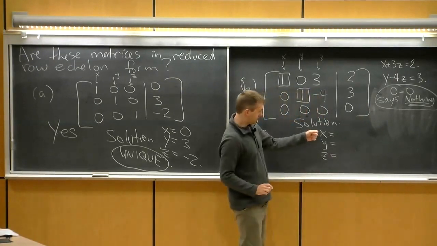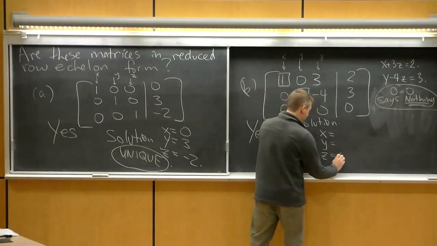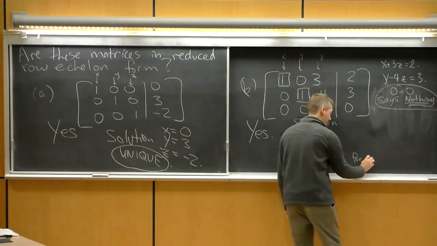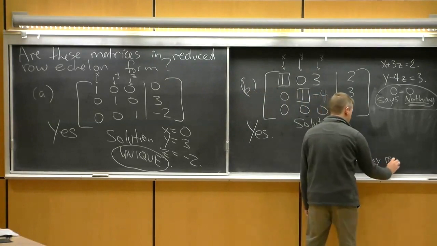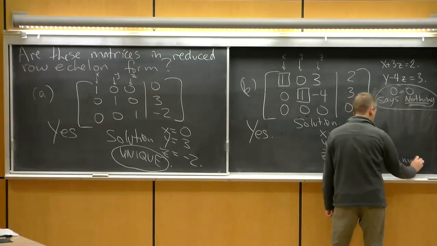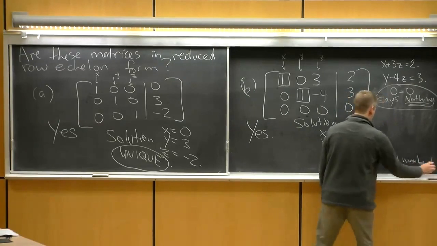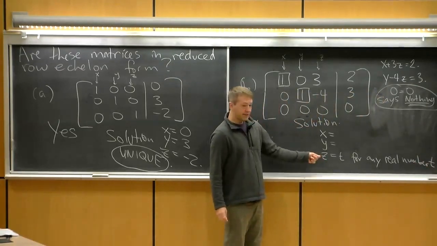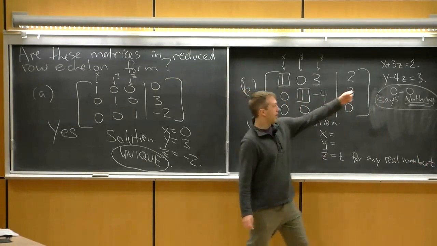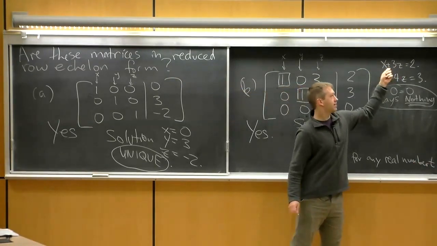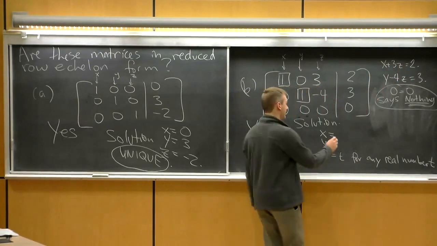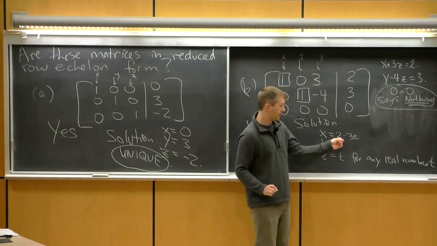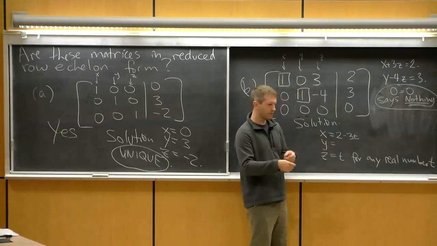My solution is going to be that z is equal to, let's just call it t, for any real number t. And if z is equal to t, then what x will be, if I solve this for x, will be 2 minus 3t, if I plug in t for z and I solve that equation.